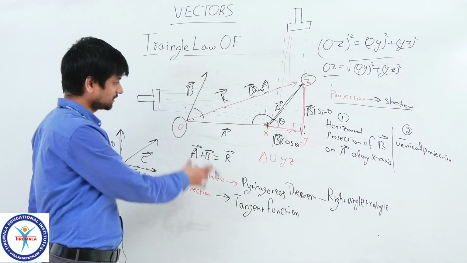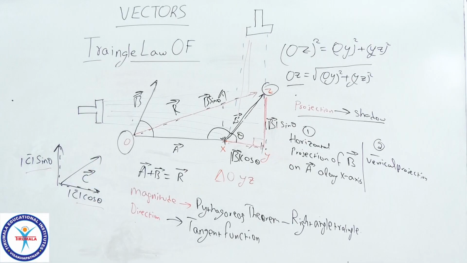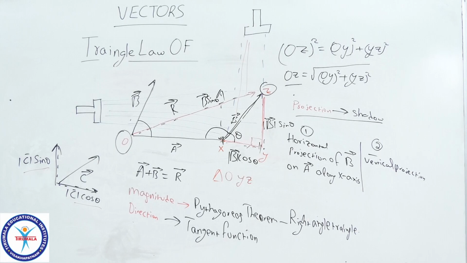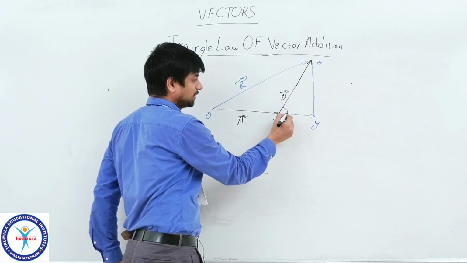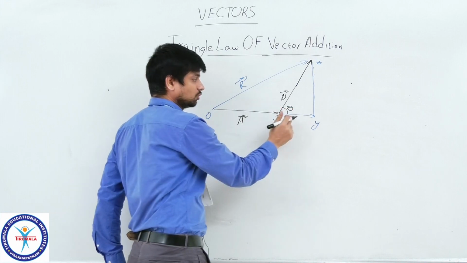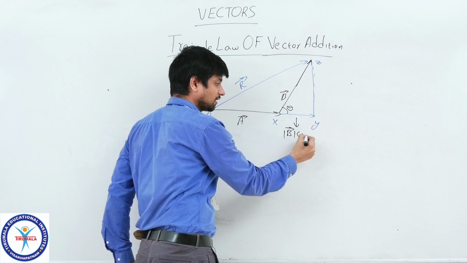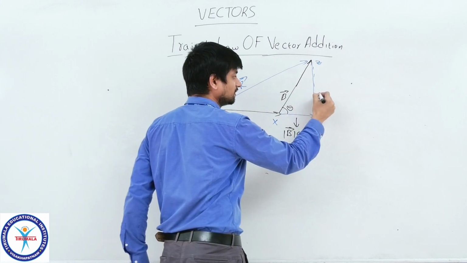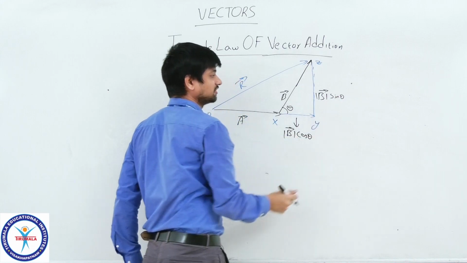Okay? Yes, by using these values, now we are going to calculate the magnitude. I said before, the angle between them, assume as theta. So, this is modulus b cos theta, this is modulus b sin theta according to the resolution of vectors.